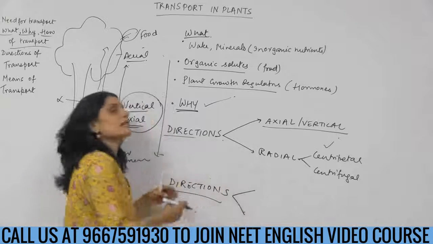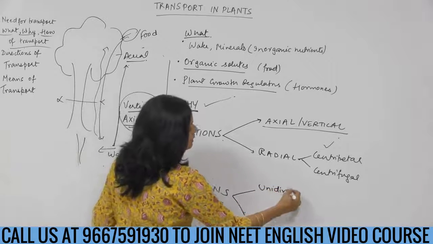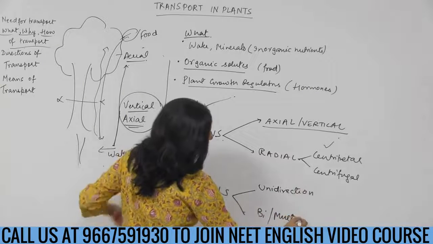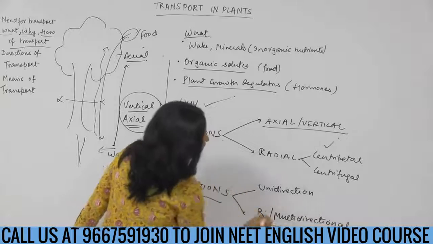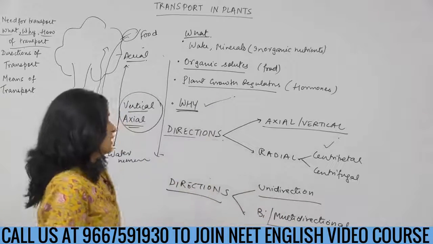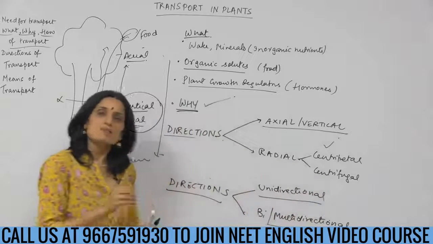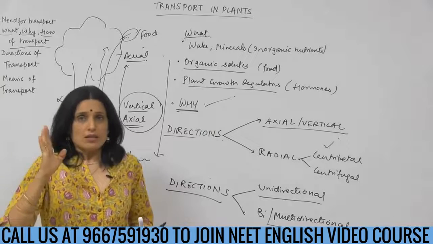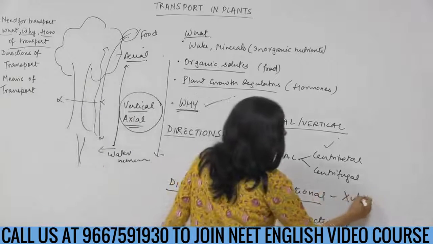So I would again classify the directions on this basis into unidirectional and bi- or multi-directional, right? Now let's understand the import of these two terms with respect to the substances being transported within the plant. Let's see. Now unidirectional transport would mean something which is being transported essentially in one direction. We will consider the example of the transport in xylem in this category.